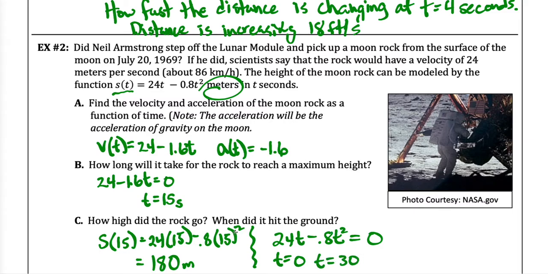Now, you can solve this quadratic equation however you want, whether it's factoring or the quadratic formula. I don't really care about that part. We're not focused on that. But I got 2 answers. It doesn't really hit the ground at time 0 because that's where the rock was, and apparently he picked it up and just threw it in the air.